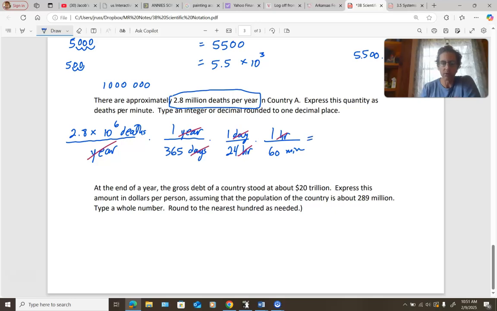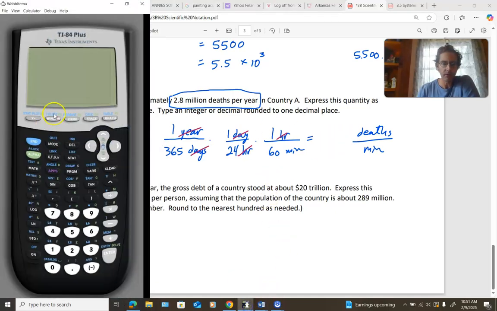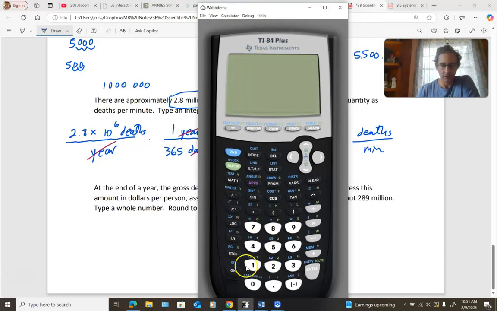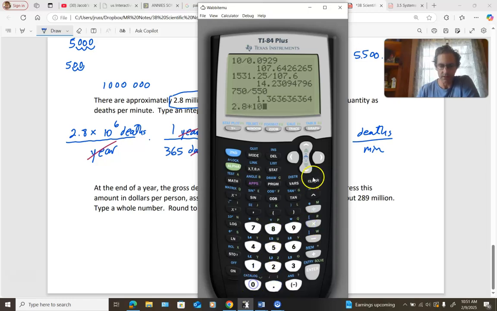And we'll say equals. And so you can see here, at the end, I'm going to have deaths per minute. That'll be my unit. But now I need to do some arithmetic right here. What you can do is type in 2.8 times 10 to the 6th power.